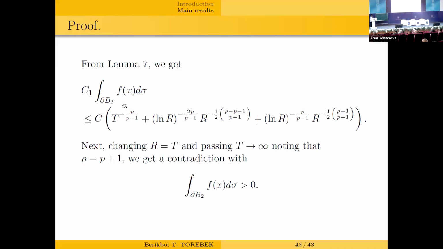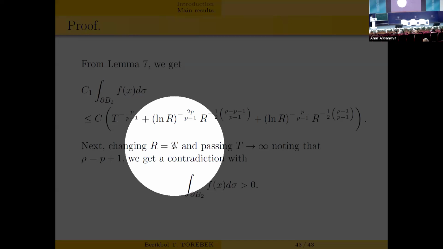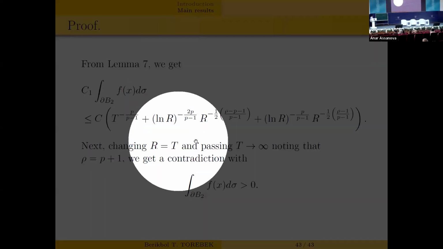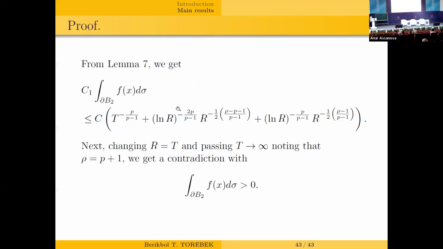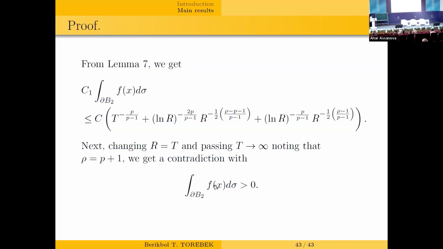And also, if here instead of capital R, we put capital T and pass to the limit when capital T goes to infinity, the right-hand side of this inequality goes to 0. This is also a contradiction because we assume in the theorem that the boundary integral of the function f is strictly positive.